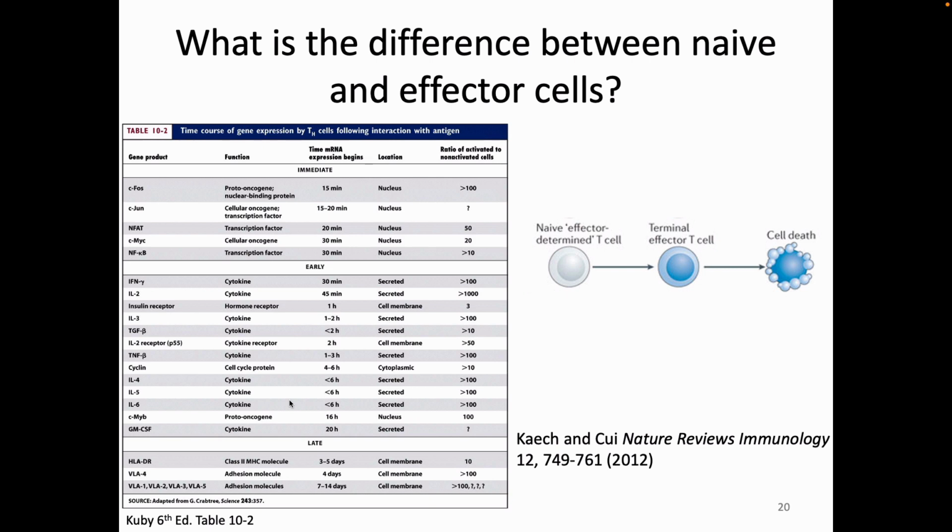More cell cycle proteins like cyclins. More proteins involved in cell survival. More proteins involved in cell division. All that good stuff. So that's pretty cool, right? The cell is highly specialized.